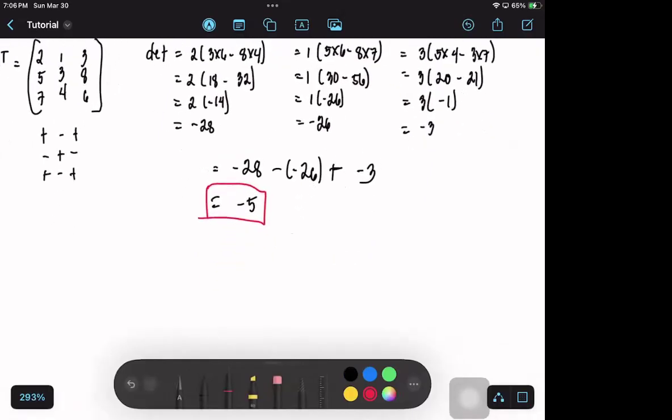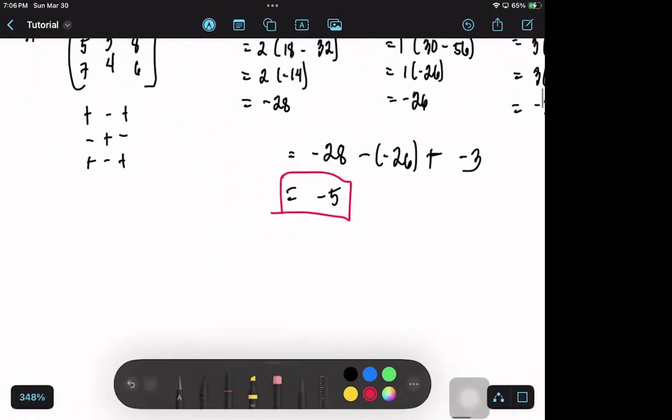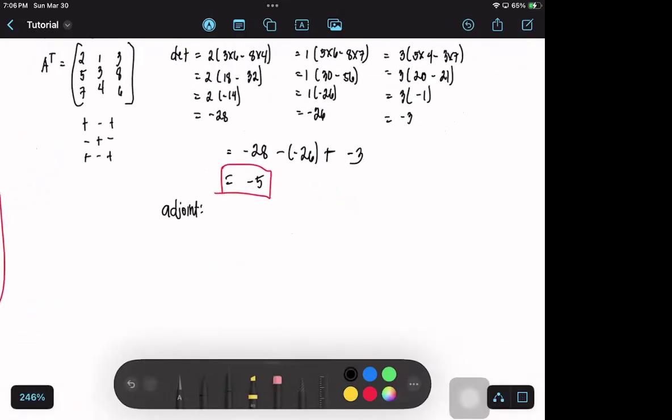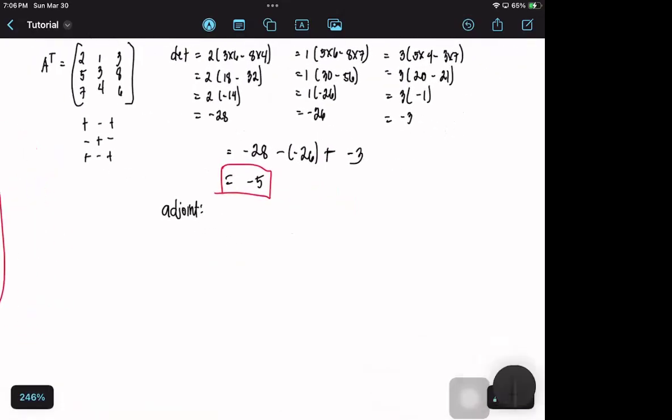Since we are done with the determinant, we'll get the cofactors, I mean the adjoint, already. The adjoint is a 3 by 3, the same thing as what we did earlier. Just base it on how we got that here so it will be easy for you to manage everything.